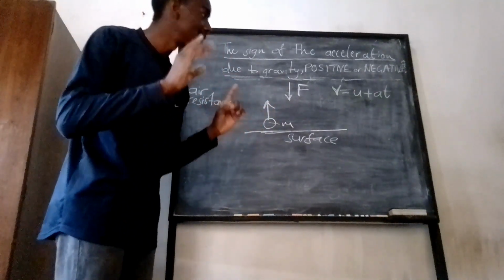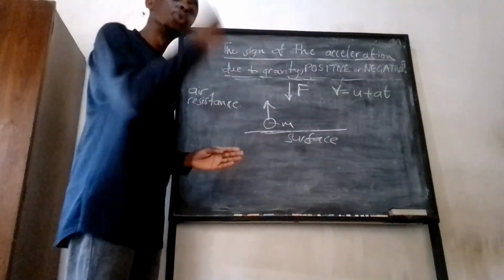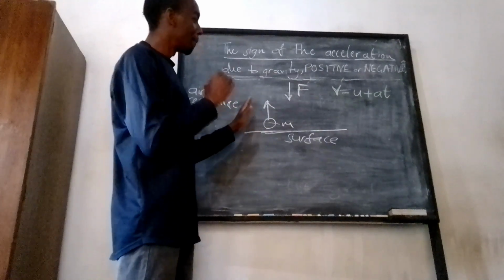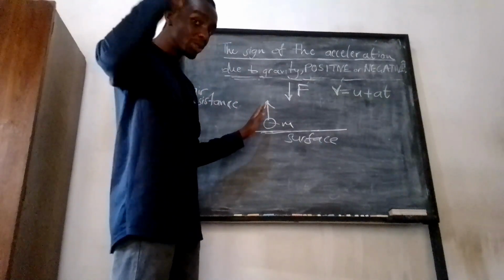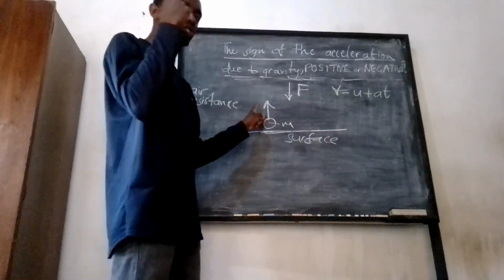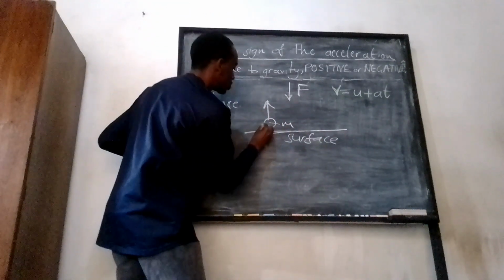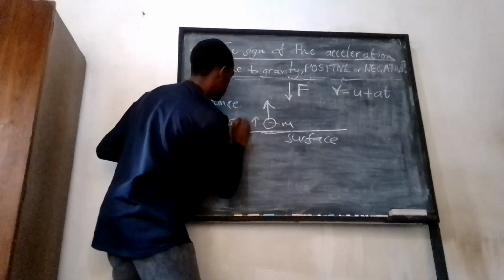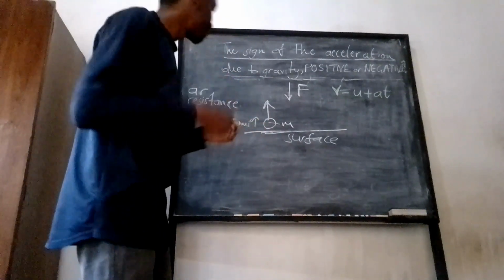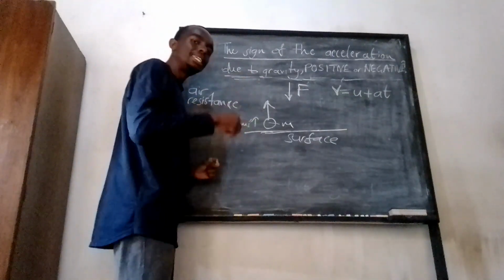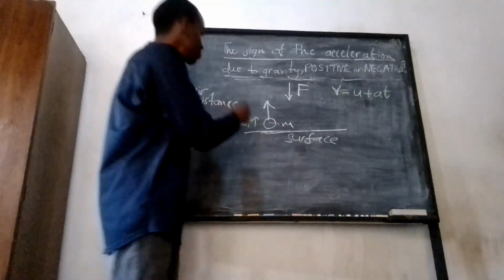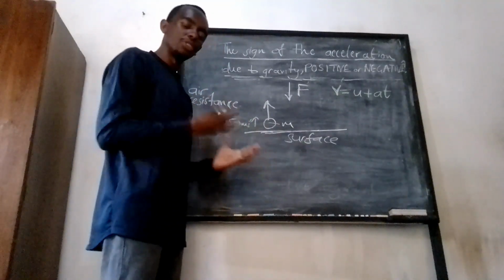When we've thrown our body up, please bear this in mind. This is the trick. When a body is thrown upwards, please drill this into your head if you're not comfortable with using coordinate systems. When a body is thrown upwards, say with a velocity of 50 meters per second, it is common sense that the velocity begins to decrease. Because the velocity begins to decrease, it means something is eating up the velocity.